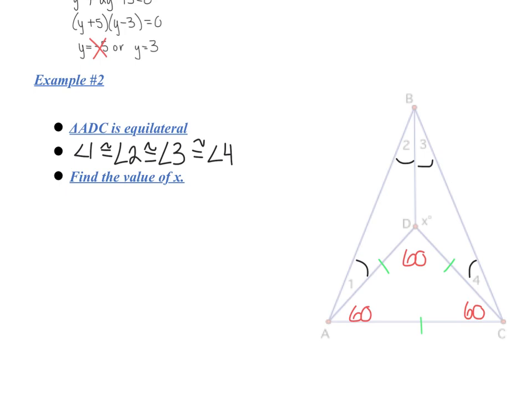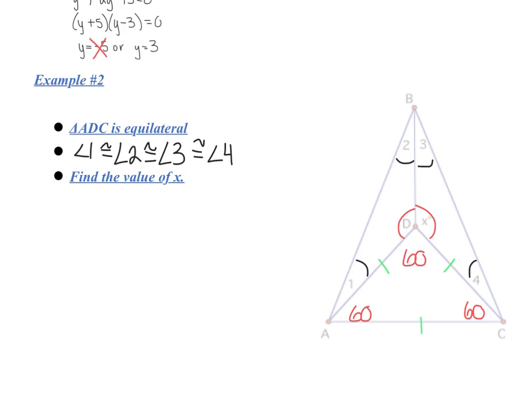Now, I know that my two side triangles are going to be congruent by angle, angle, side, so they're congruent to each other. Therefore, I know that the vertex angles of these triangles right here have to be congruent to each other.